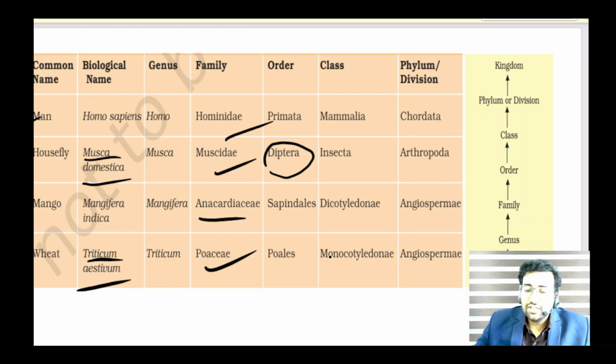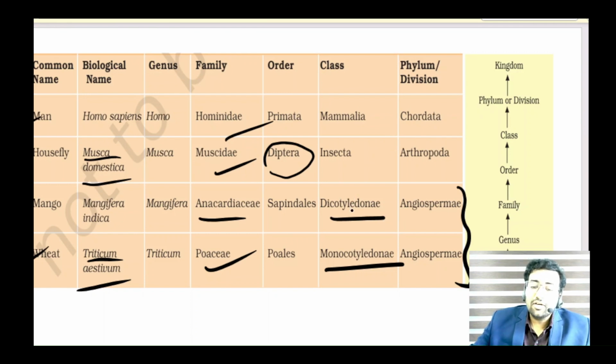Now what I want to highlight is that dicot and monocot both belong to a division known as angiosperms. Angiosperms means flowering plants. So both the mango tree and wheat belong to angiosperms. They are flowering plants, but the mango tree is a dicotyledon, whereas wheat is a monocotyledon. These are topics we will discuss in further chapters.